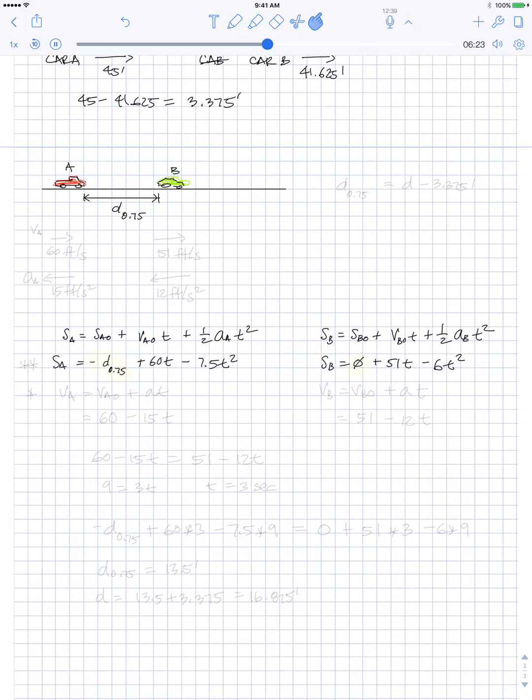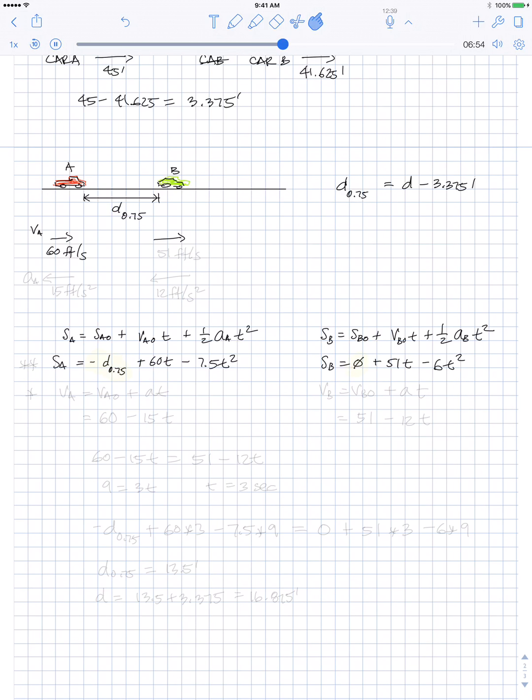Car A has gained 3.375 feet on car B over that first 3/4 of a second. So this distance at 0.75 is the original distance minus 3.375 feet. And so now the new initial conditions, car A is going at 60 feet per second.